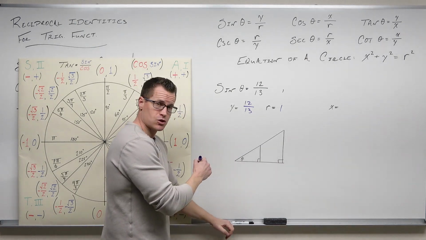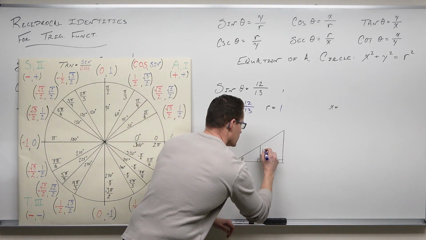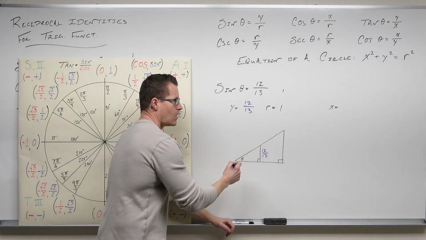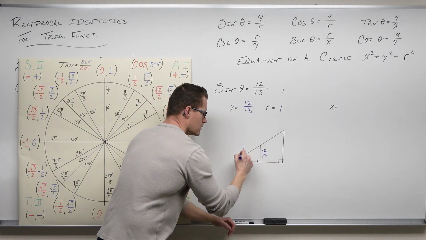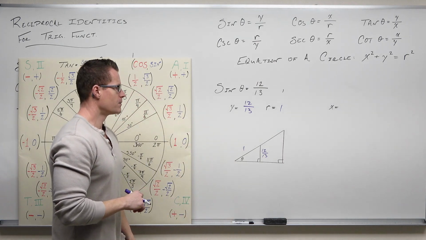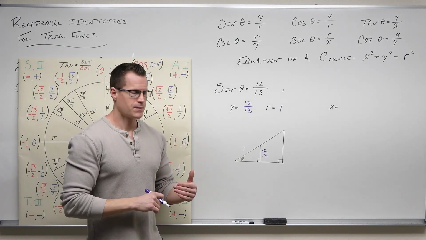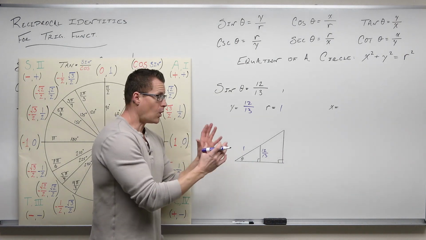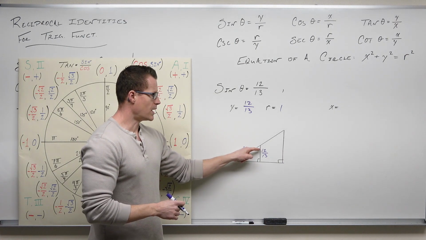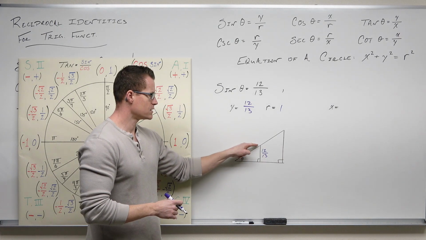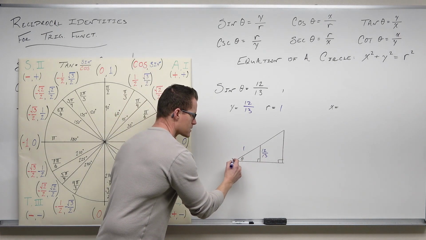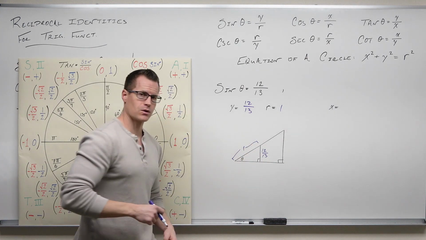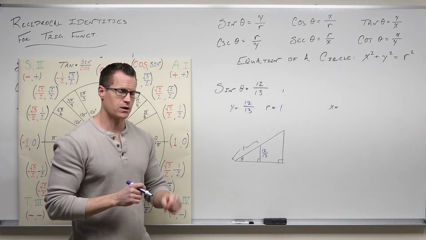So if our y value is 12/13, and our r is 1, this is not drawn to scale, but I want you to notice something. Here's 12/13, here's 1. So this is 1 from here to here, and that vertical is 12/13 on a right triangle.